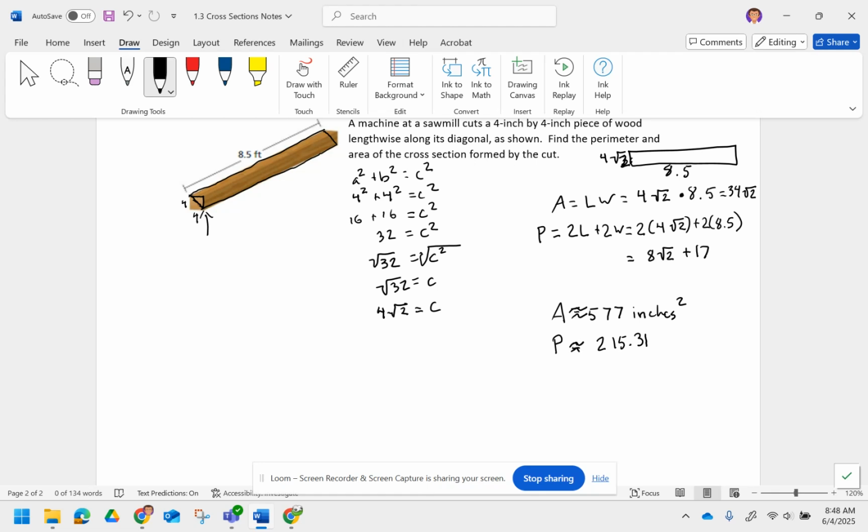Make sure I'm using my approximate, because we're not going to be able to write down all of those decimals. These go on forever. These are irrational numbers. So 215.31 inches. Okay. I hope this has helped you to understand cross sections a little bit better.